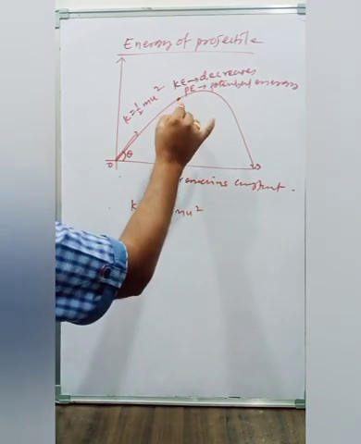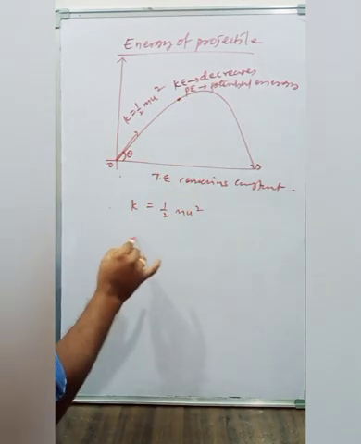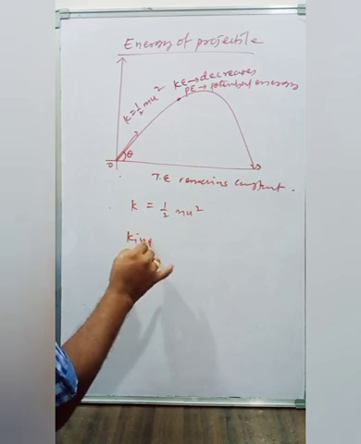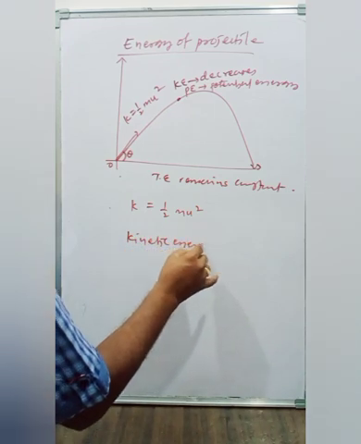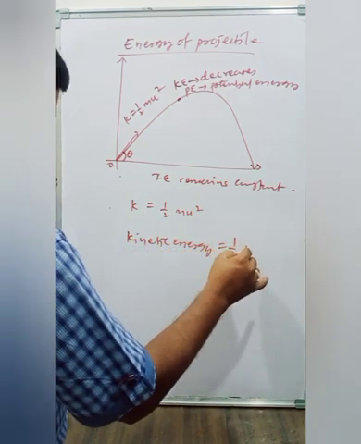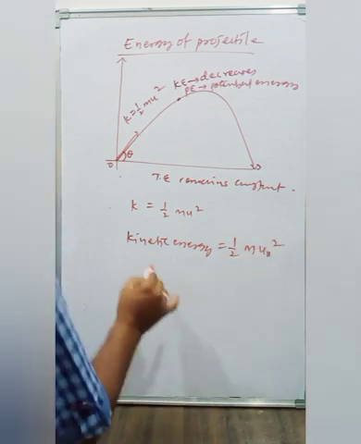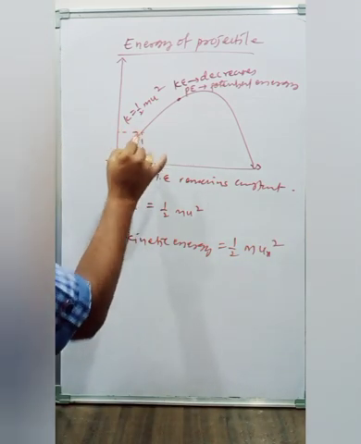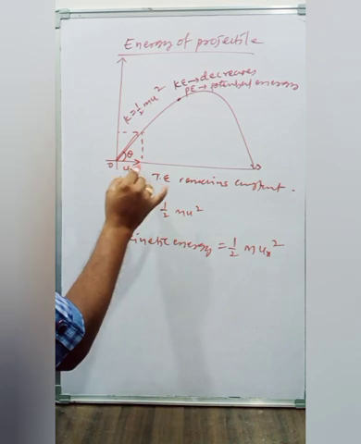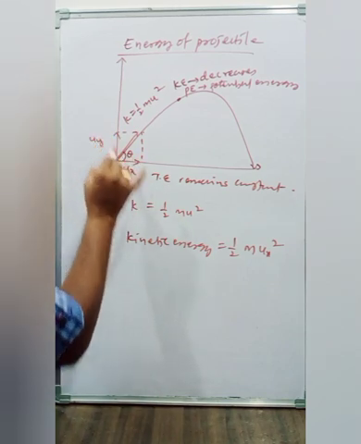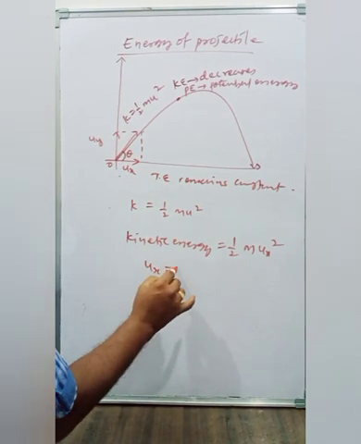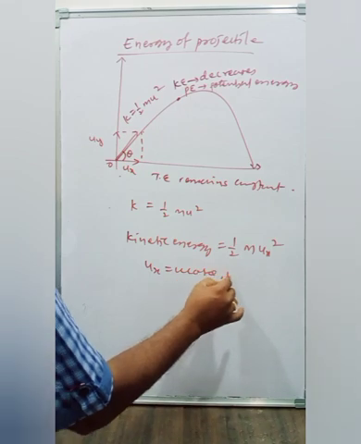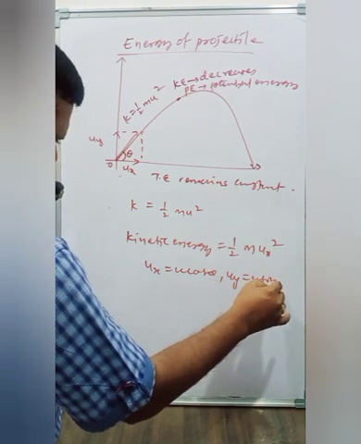At the highest point, the kinetic energy is half m ux square. Here we resolve into two components, along x-axis ux, along y-axis uy. We know that ux is equal to u cos theta, and uy is equal to u sin theta.